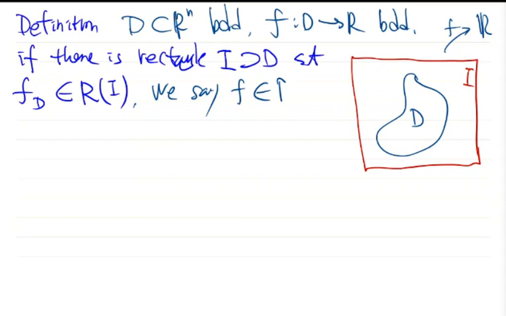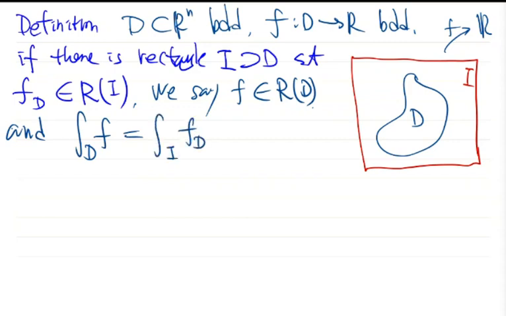And the integral of f over D is defined to be the integral of the zero extension over the rectangle containing D. So this is the definition of integrability of a function defined over a general subset.